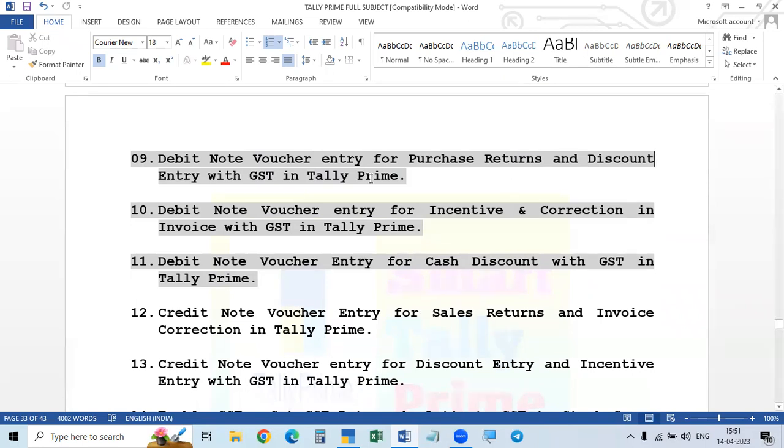So how will the buyer issue a debit note? Buyer means customer. If the customer issues a debit note, the seller or the supplier will issue a credit note.